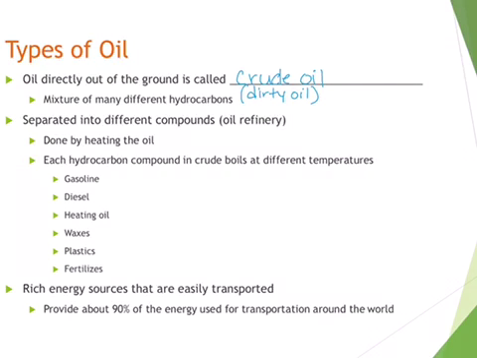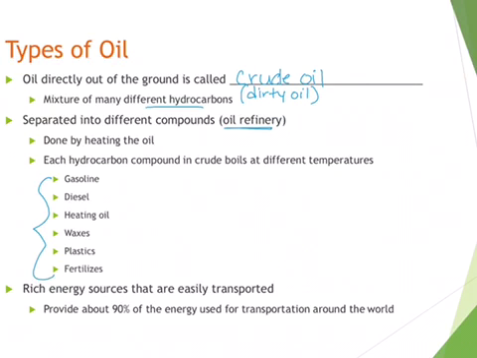And so it has to be refined in an oil refinery, and it gets separated into those different hydrocarbons by heating this crude oil. Each of these hydrocarbons listed right here boils at a different temperature, and so this allows us to separate them out. So in crude oil, we can get gasoline, diesel, heating oil, waxes, plastics, and fertilizers, but we need to separate them out from that crude oil.